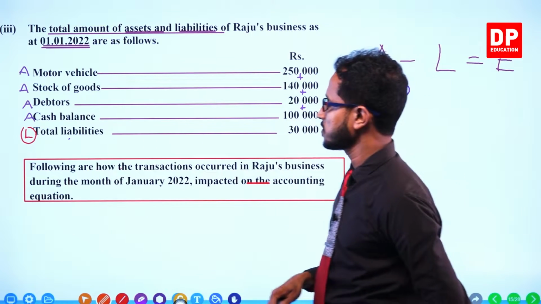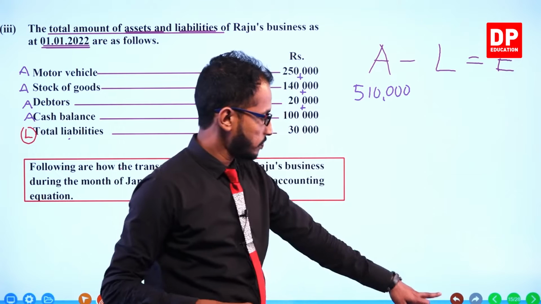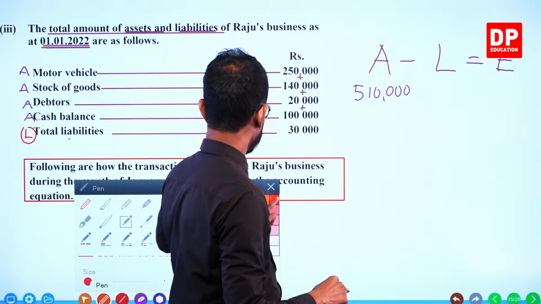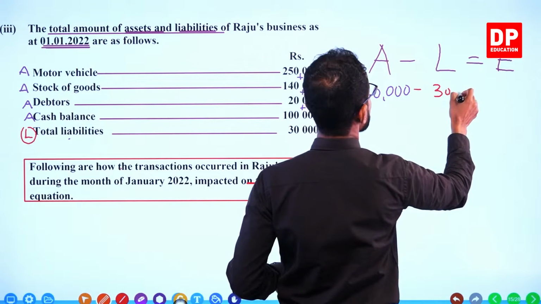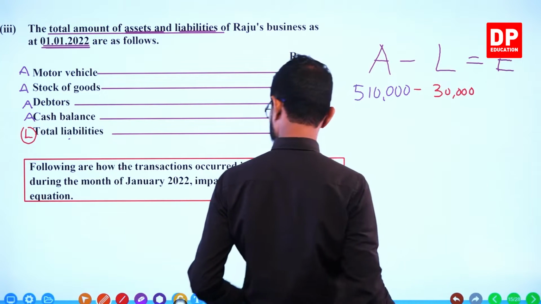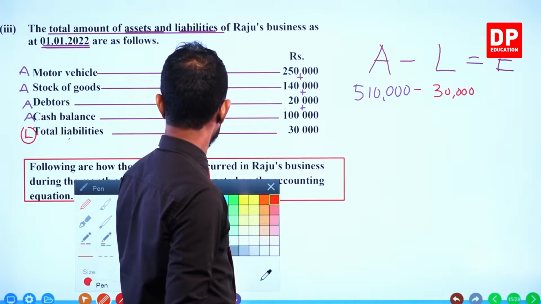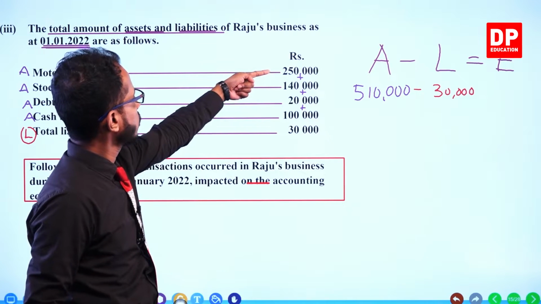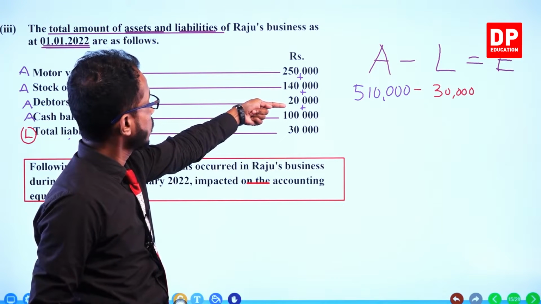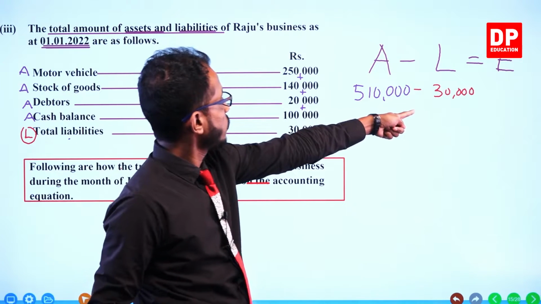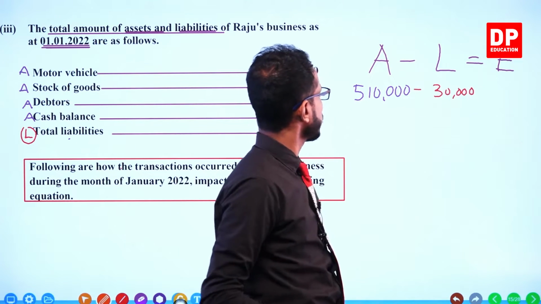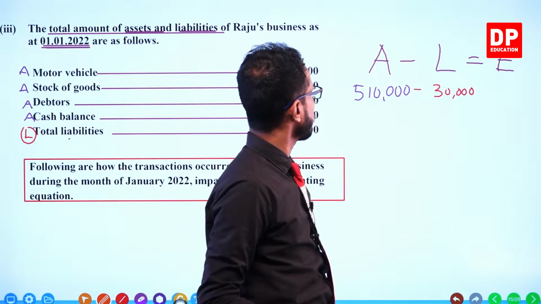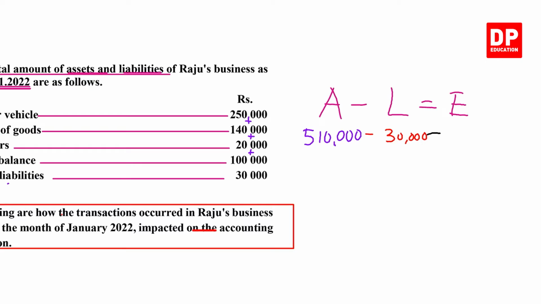How much? 30. Then how much is the equity? $510,000 minus 30, 480,000. That is your equity.